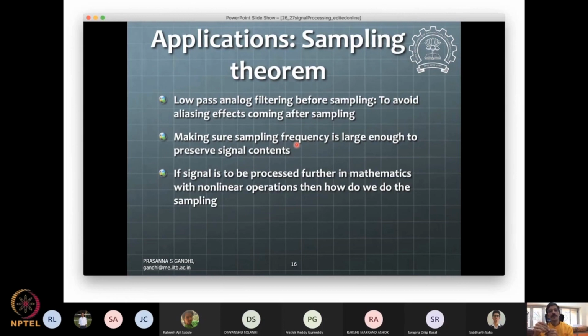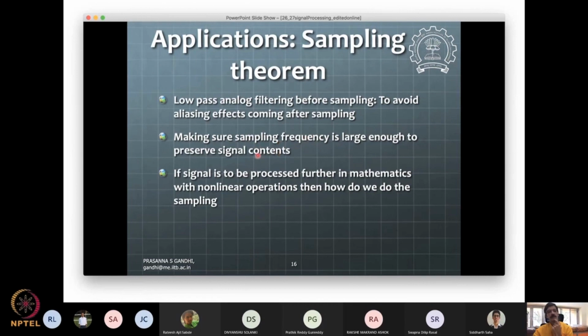So you use this first order filter and sample your signal with a larger frequency, so that the signals which get passed beyond the cutoff frequency also get represented.